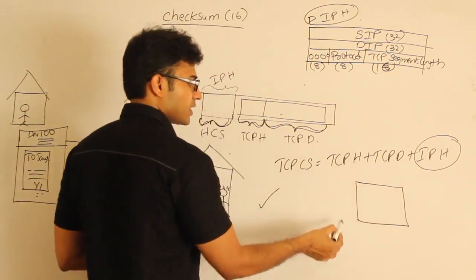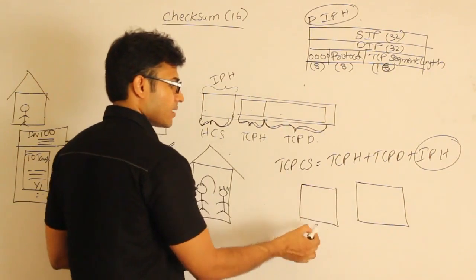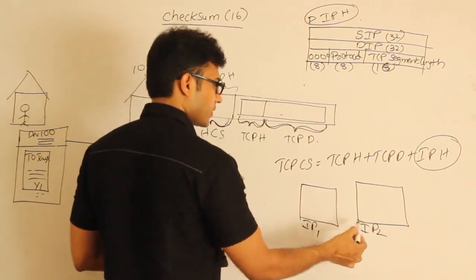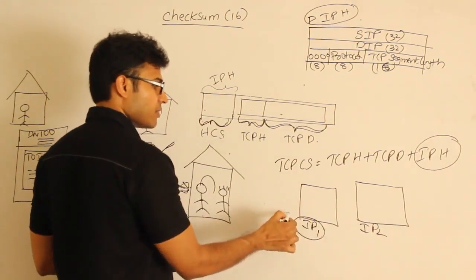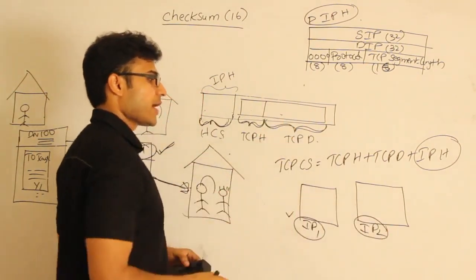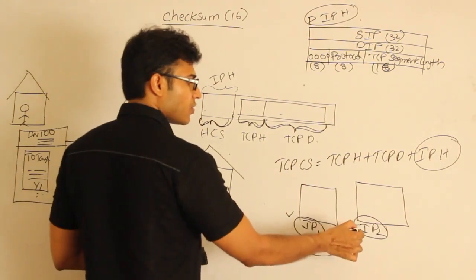The problem is, if something happens in the IP header, and this IP address is, let us say, IP1, and by mistake there is a small error in the IP header and IP1 got changed to IP2, and the IP checksum is not able to catch it, then the packet will be wrongly delivered to IP2.